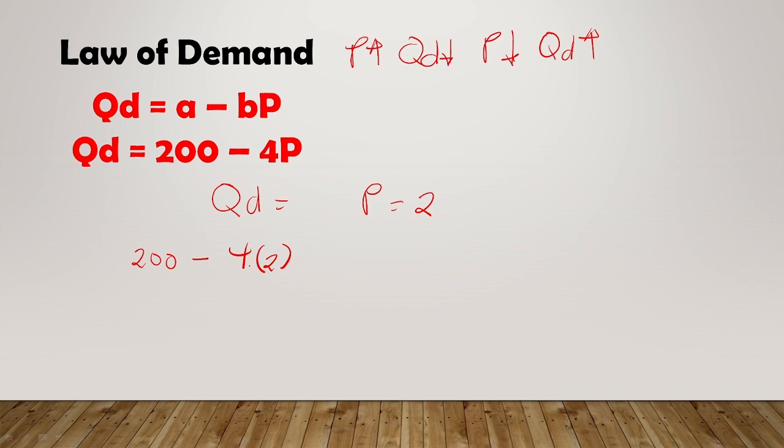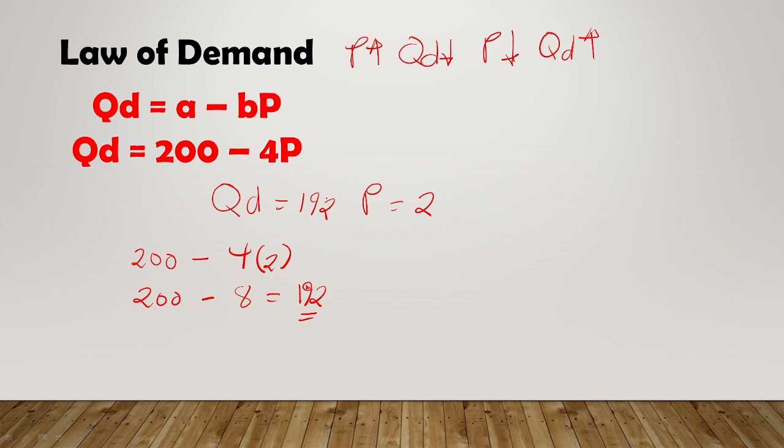How much is 2 times 4? It is 8. So 200 minus 8 is 192. That will be our QD, 192. Is that right? Yes, that's right. So that's how we go on.